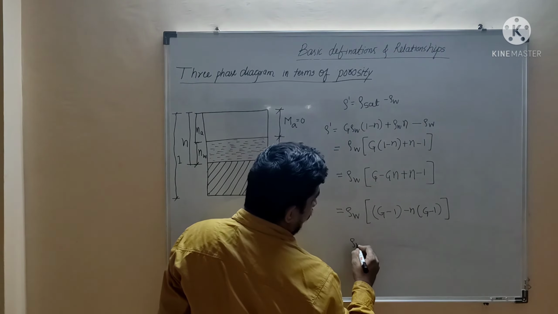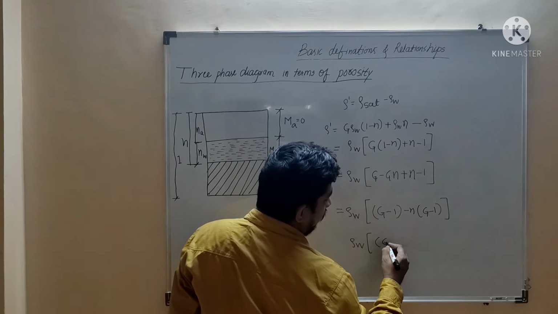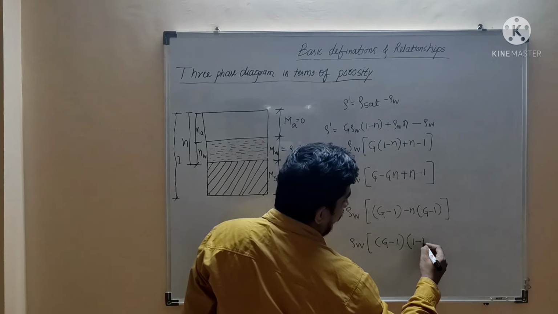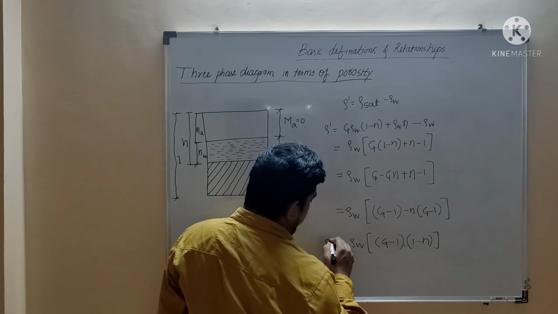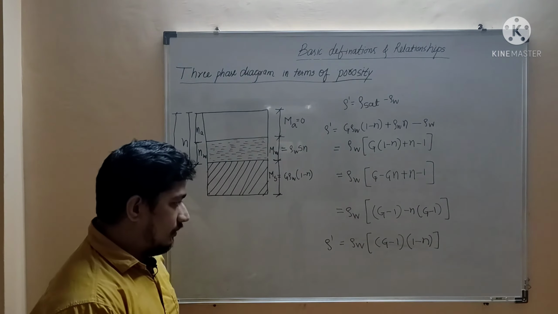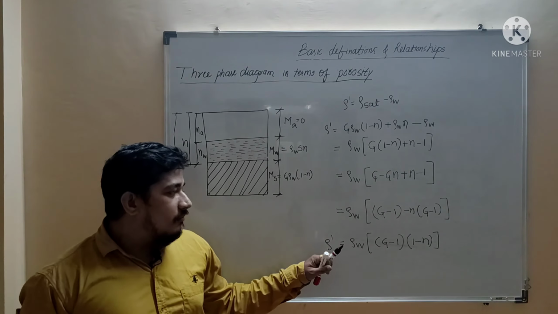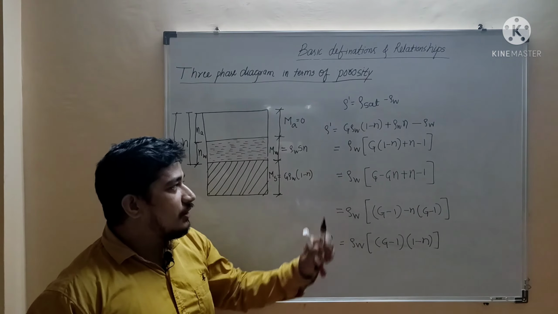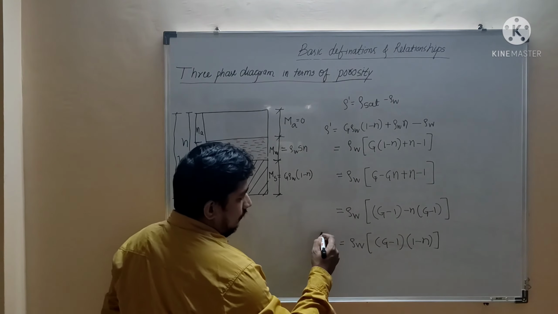Rho w times G minus 1 is taken common, so it will become 1 minus n. So this is rho dash, the submerged mass density when the soil is in saturated condition.